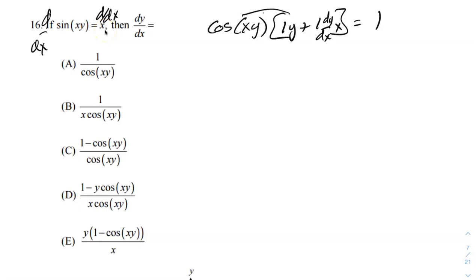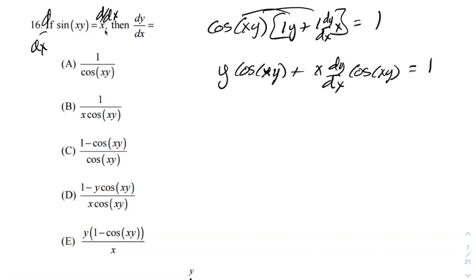Now we distribute, so we get y cosine xy plus x dy dx cosine xy equals 1. Now the whole idea is to get dy dx by itself, so we're going to subtract this from both sides.